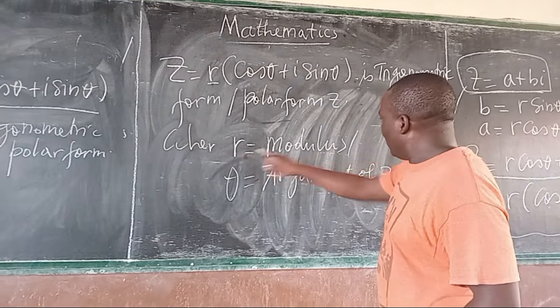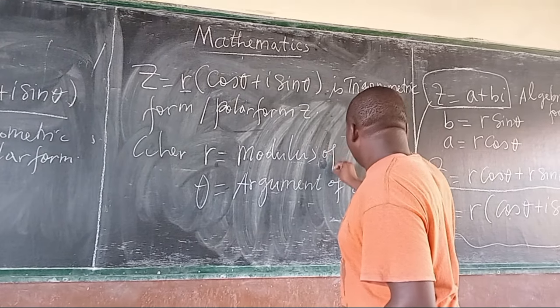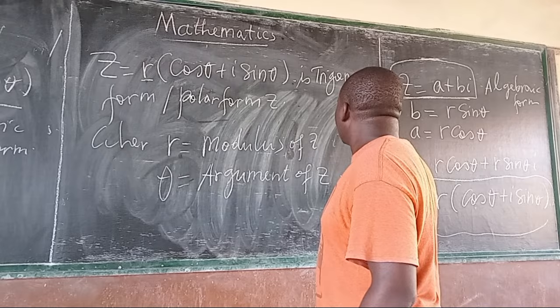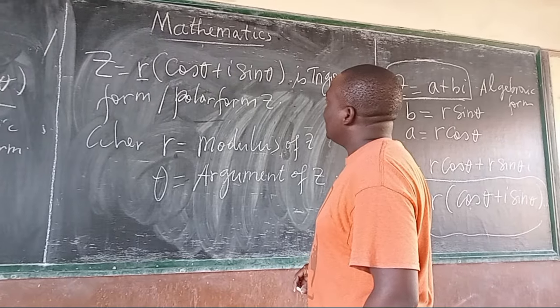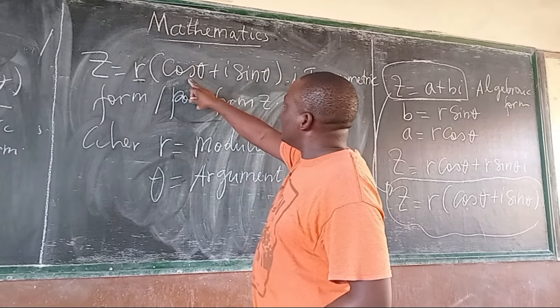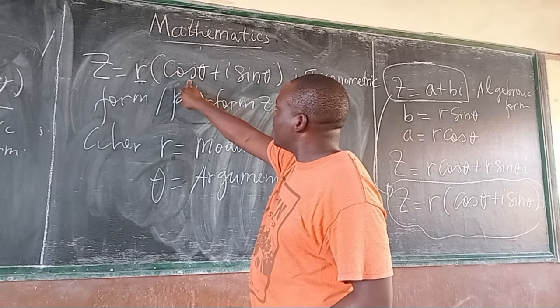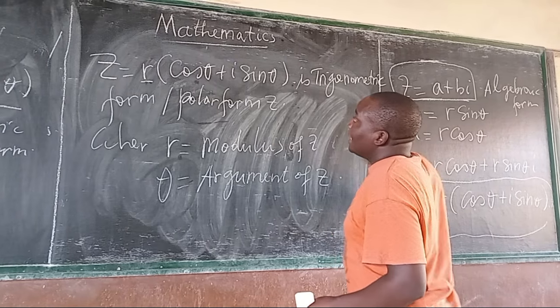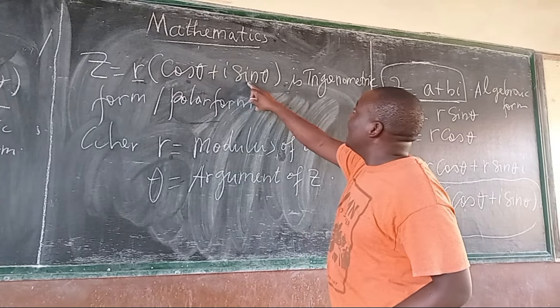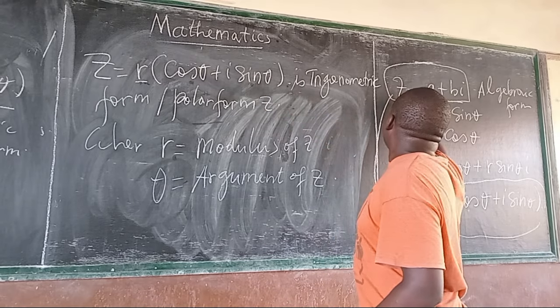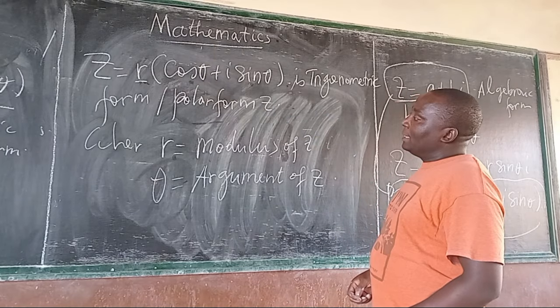R stands for the modulus of complex number z, then theta stands for the argument of complex number z. As you see, r cosine theta is the real part of that complex number z, equal to a. Then r sine theta, the imaginary part of complex number z, is the same as b.